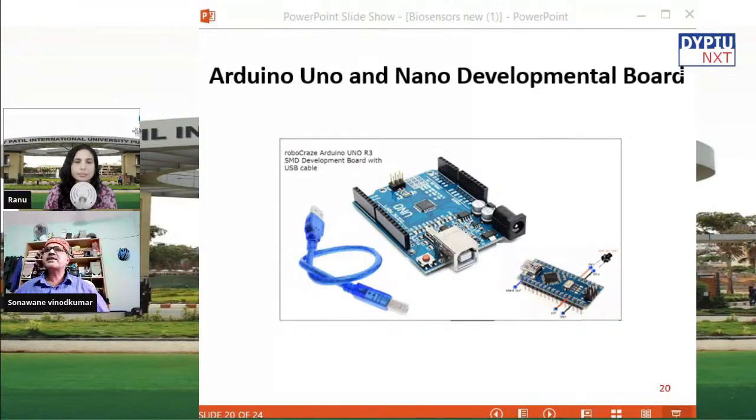the eliminator, battery eliminator. And Arduino boards are basically very small things, come with limited pins, and are very easy to understand. There are tutorials available on the internet, and from the Arduino tutorials we can learn many things.